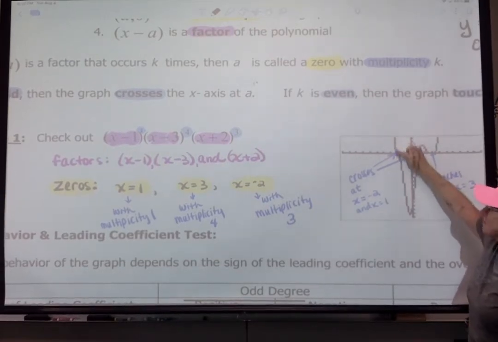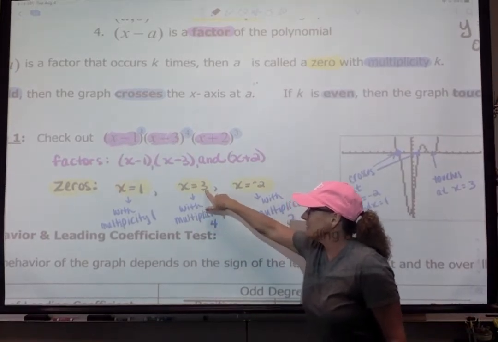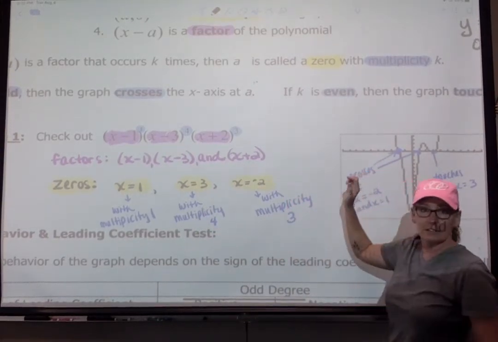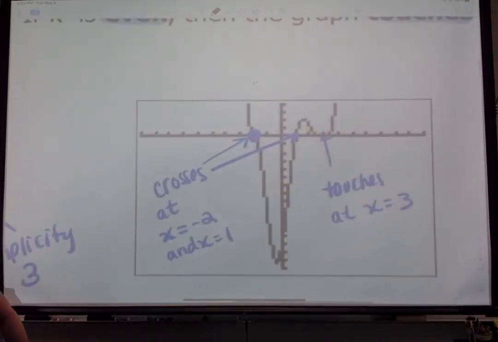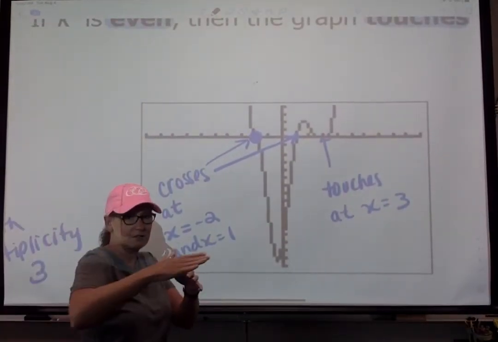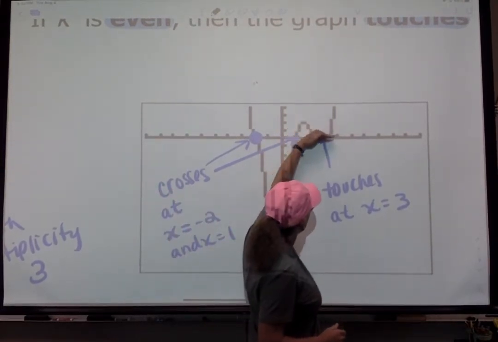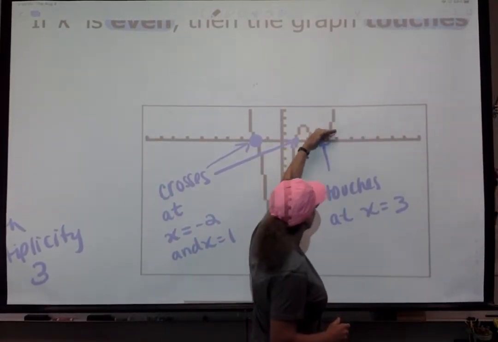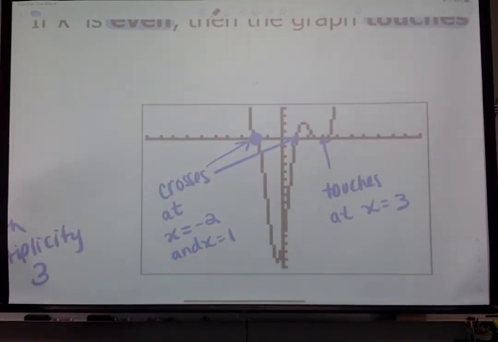See how it passes through? Multiplicity is even. Kind of hard to see. This is a screenshot of a graphing calculator, and you know that those can be kind of jerky. But what you should be seeing here is it's just sitting right there on positive 3 and heading back up. So it just touches there.